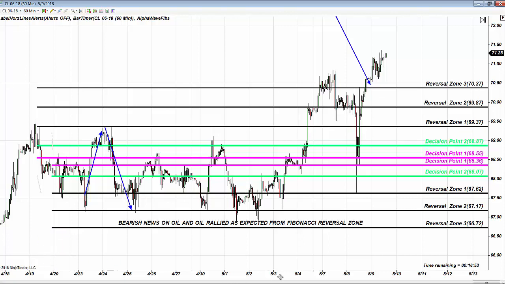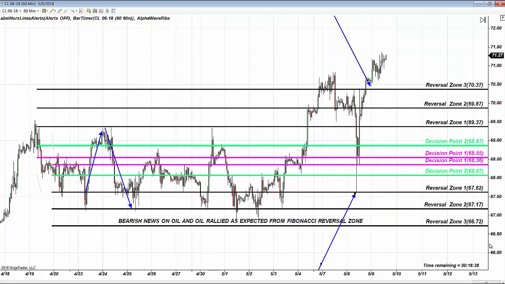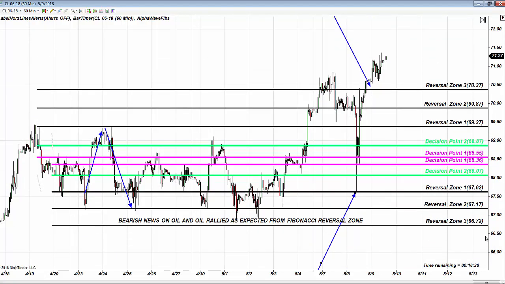Trend inception last week, despite extremely bearish news on oil, because Fibonacci said so. Trend inception despite horrific news on Iran, oil skyrocketed. On any chart, tick chart, range chart, minute chart, because Fibonacci said so.